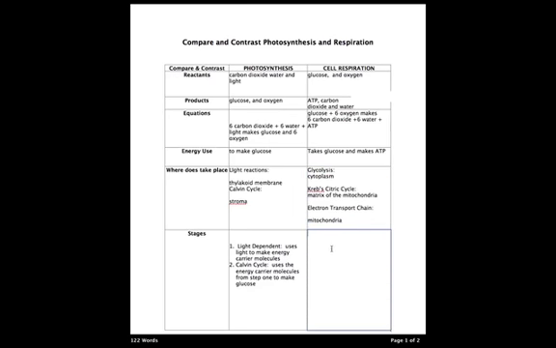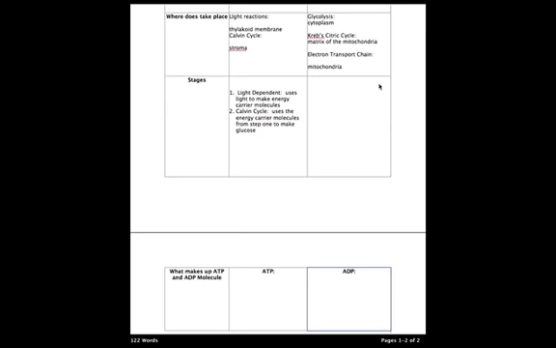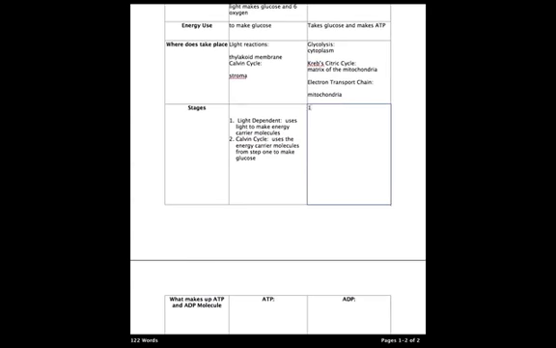So let's talk about the stages here of cellular respiration. We have 3 stages. The first stage is called glycolysis. And glycolysis is anaerobic, so you need to know that, which means it does not need oxygen.